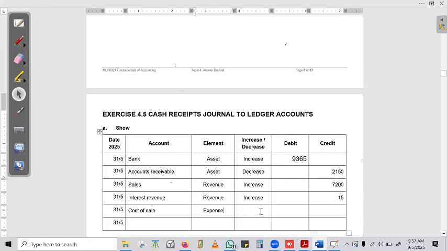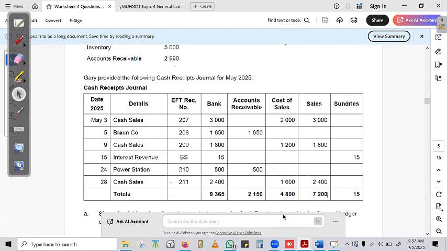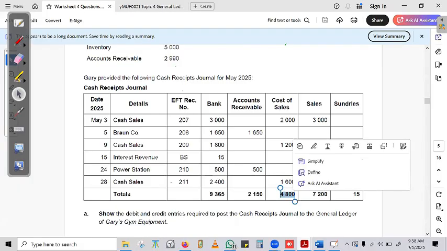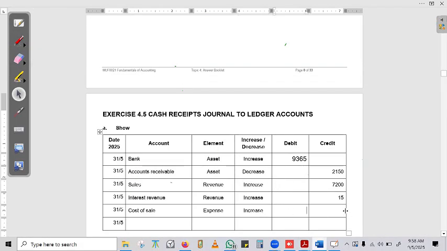And expenses only will increase, and expense increase is debit, right? Now the value we are going to get from here, right? Cost of sales 4,800, right? So we are going to put that 4,800. Now this debit account is equal to these three credit accounts, right? Now cost of sales is a debit.